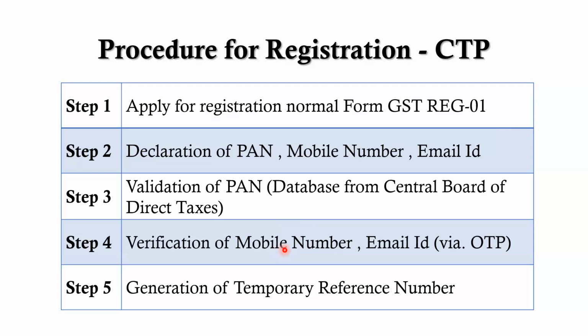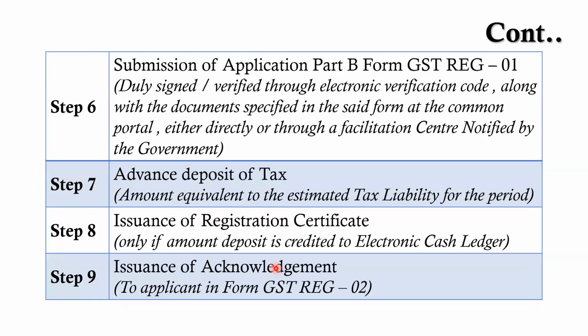Next, the generation of the temporary reference number. If the GST authority needs to communicate with the applicant, this is how they can communicate easily and in a systematic manner. Then the application is submitted in Part B of the registration form, GST REG-01.